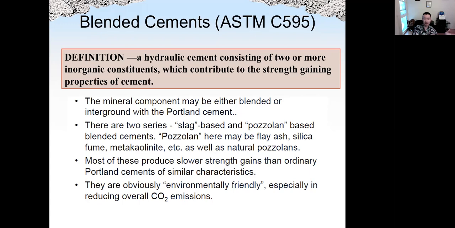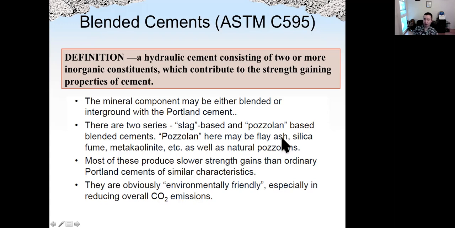Sometimes we blend Portland cement with some other materials. We call those pozzolans, and we call the result blended cement. Blended cement is specified by another ASTM standard, ASTM C595. There are different types of materials, for example slag, which is a so-called pozzolanic material. Pozzolans include fly ash, which is also called coal ash.